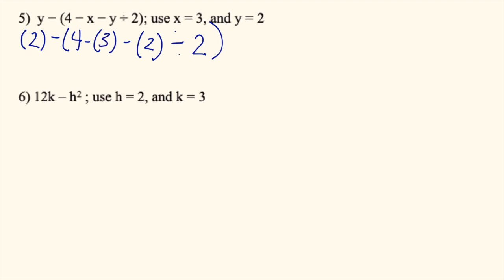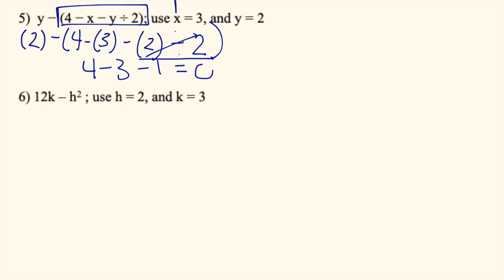If we're following our PEMDAS rules, that means we have to do what's in parentheses first. And then when we're in those parentheses, we still have to follow PEMDAS. So we're going to look at our division first. So 2 divided by 2 will give us 1. So we have 4 minus 3 minus 1 will give us 0.